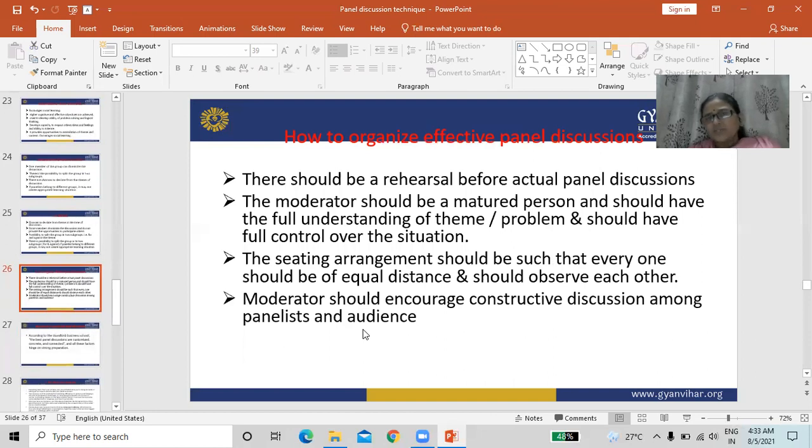How to organize effective panel discussion? There should be a rehearsal before the actual panel discussion. The moderator should be a mature person and should have the full understanding of the theme and problem, and should have full control over the situation.